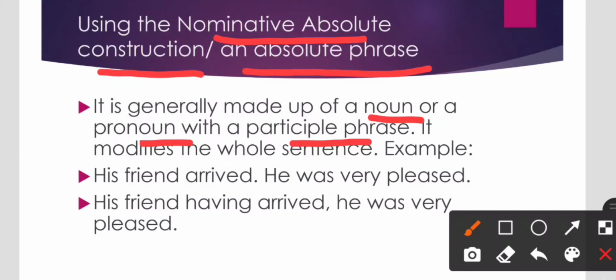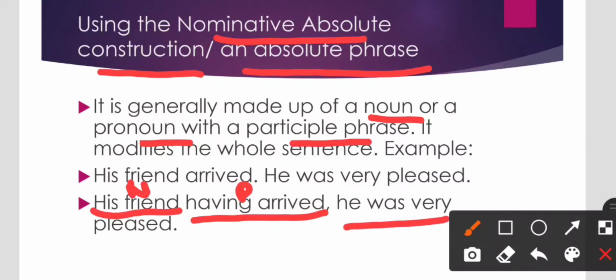He was very pleased. His friend having arrived. So this is an absolute phrase because it has a noun and it has a participle phrase. Okay, perfect participle. His friend having arrived. The whole phrase is modifying the whole sentence. Okay, and his friend having arrived, he was very pleased. उसके friend के आने पर वो बहुत ही खुश था.